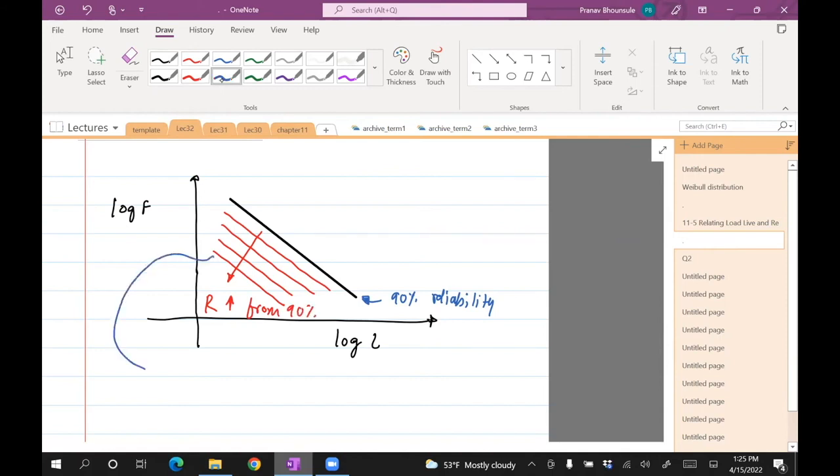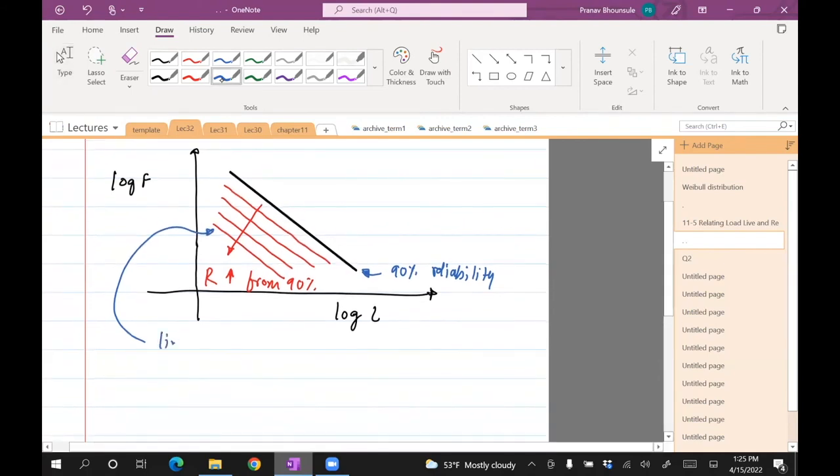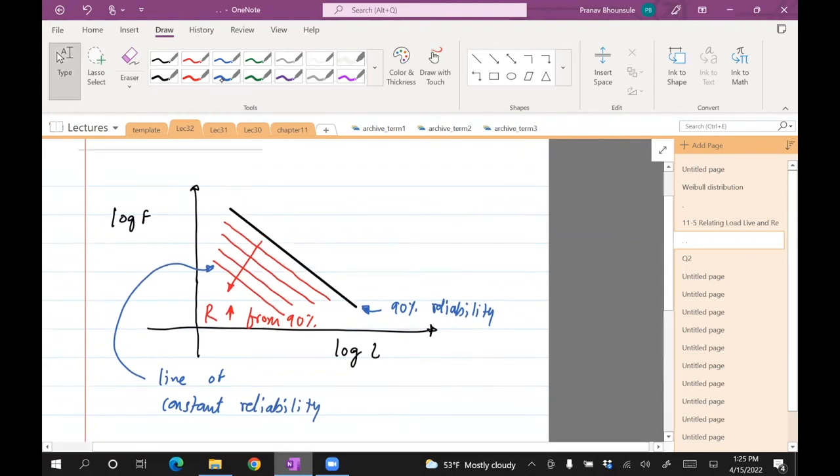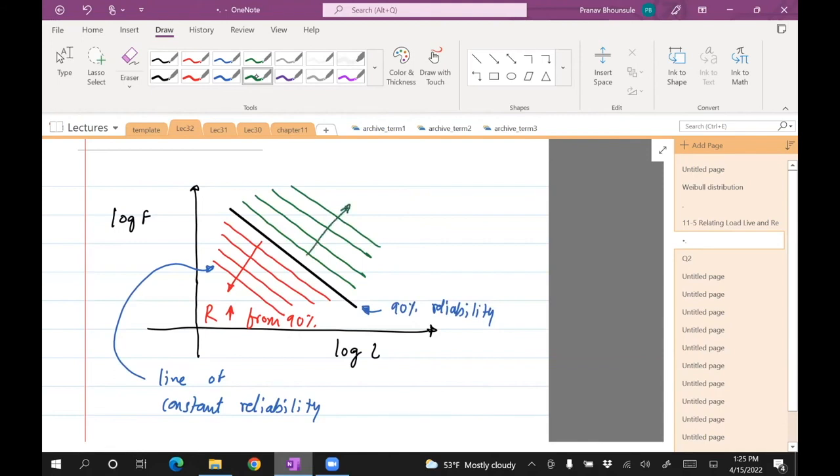This is a line of constant reliability. And then if you do the same experiments at lower reliability, you end up with lines like this, which are decreasing from 90%. So if you do this at different reliabilities, you'll get lines which are essentially parallel.